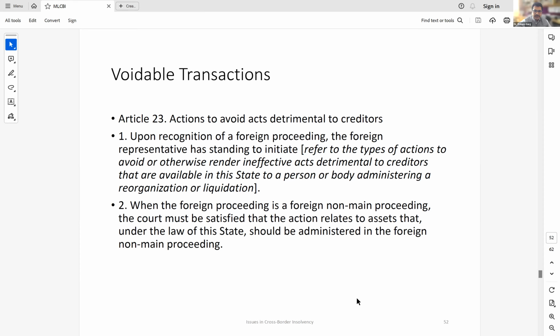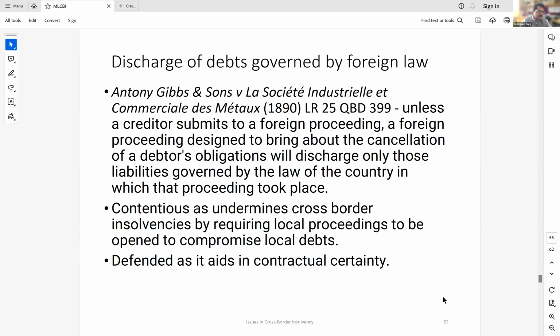When the foreign proceeding is a foreign non-main proceeding, the court must be satisfied that the action relates to assets that, under the law of the state, should be administered in the foreign non-main proceeding. Then the discharge of debts is governed by foreign law. There is this famous case of Gibbs, an old case from 1890 of the UK.